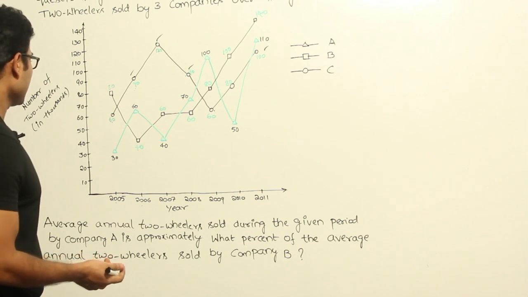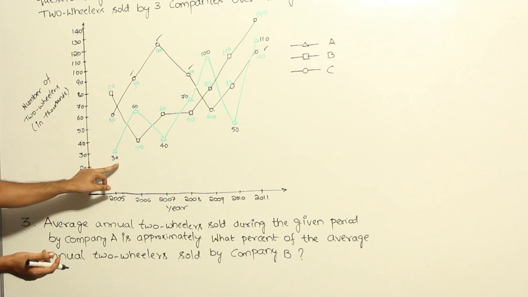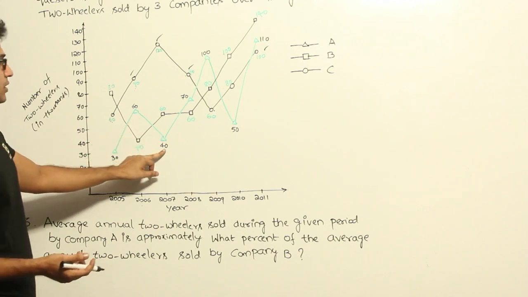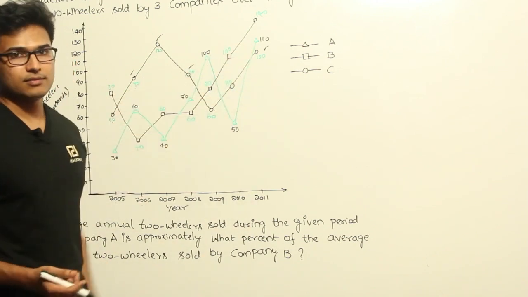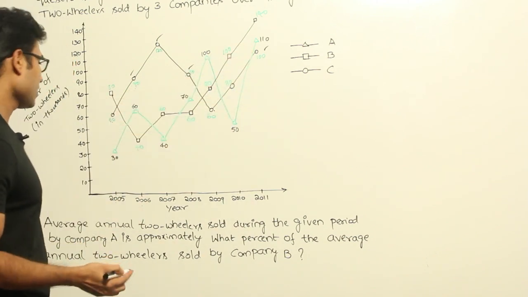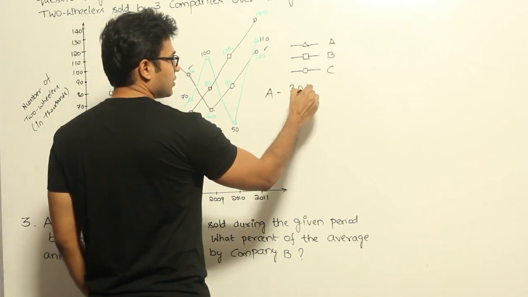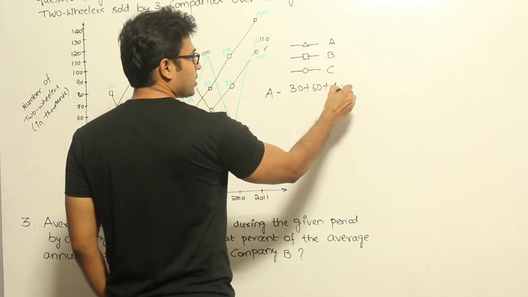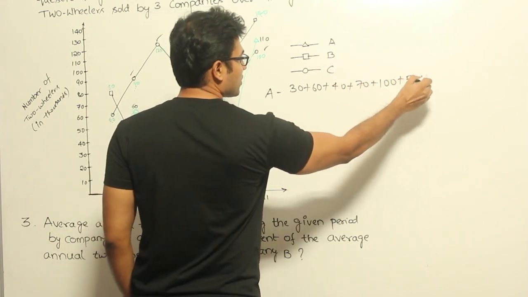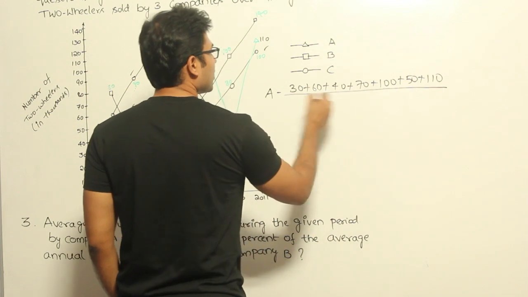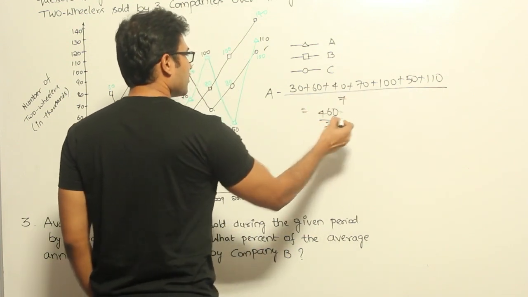Okay, so now let's try to find out the average sales by company A over all the years. Company A is represented by triangle, so the values are 30, 60, 40, 70, 100, 50 and 110. I will take all these numbers and find the average. So A's average is 30 plus 60 plus 40 plus 70 plus 100 plus 50 plus 110 divided by 7. Now this number is going to be 460 divided by 7.